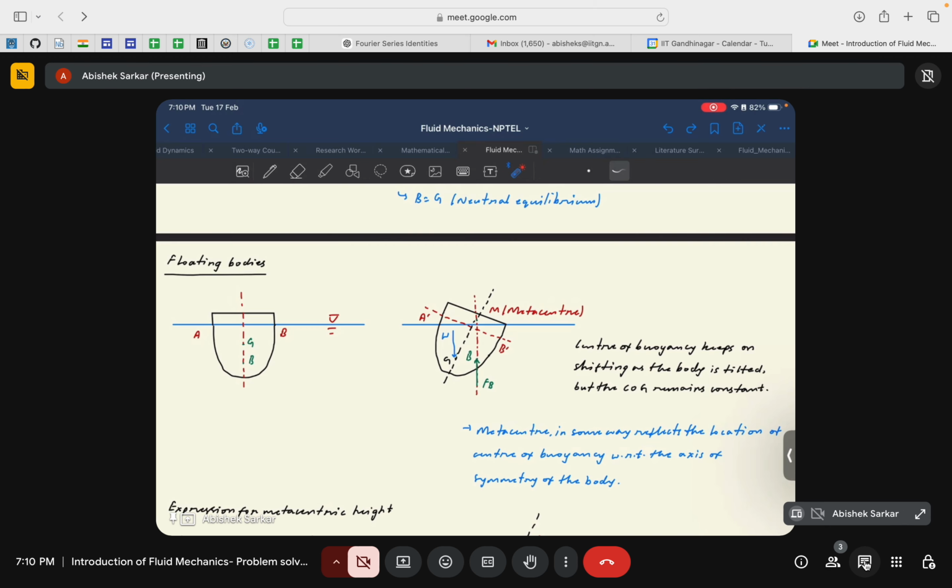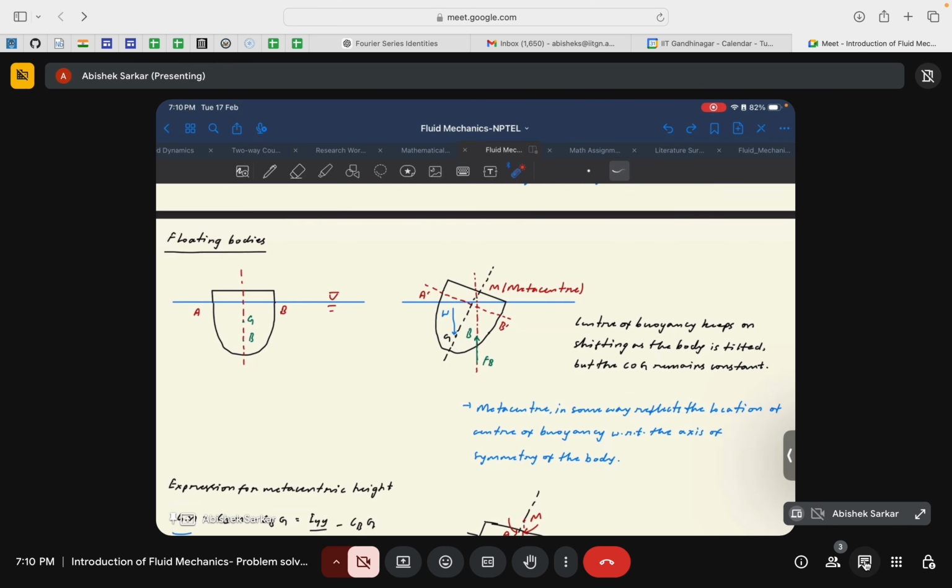For submerged bodies, I don't think there will be any question. It's just for a better understanding and introduction to stability. But from floating bodies there might be some questions. Okay, so let us now quickly look into it.